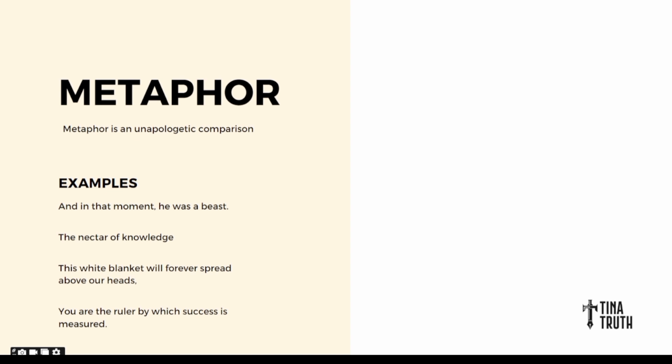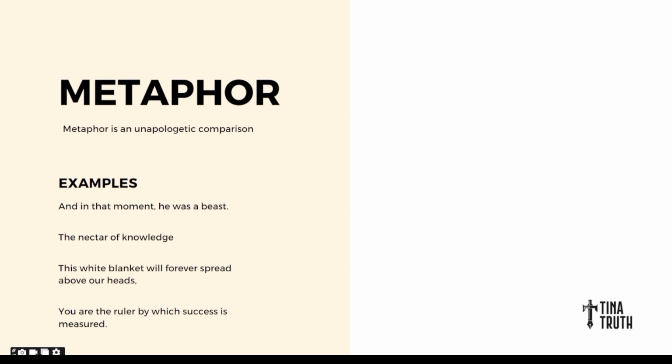When I say unapologetic comparison, we are so used to hearing he was a beast, she is a dog. Now, do you know that number two is a complete metaphor? Here I'm showing you the dynamics.